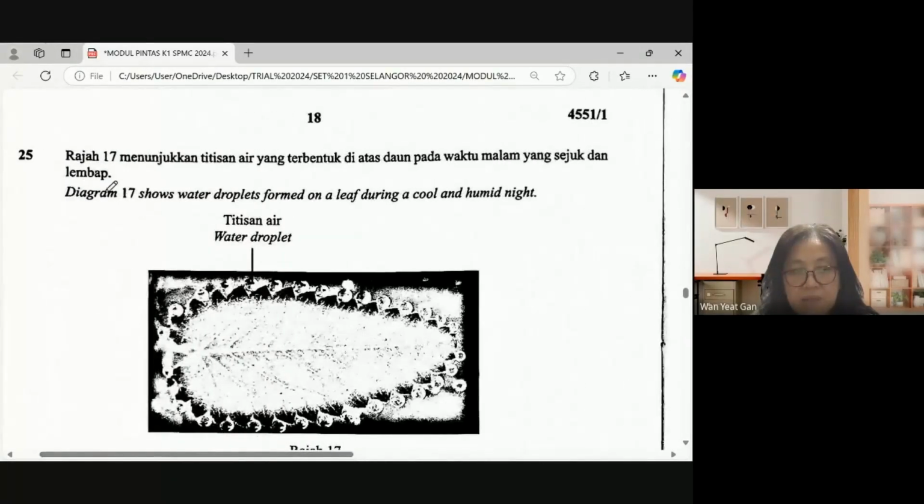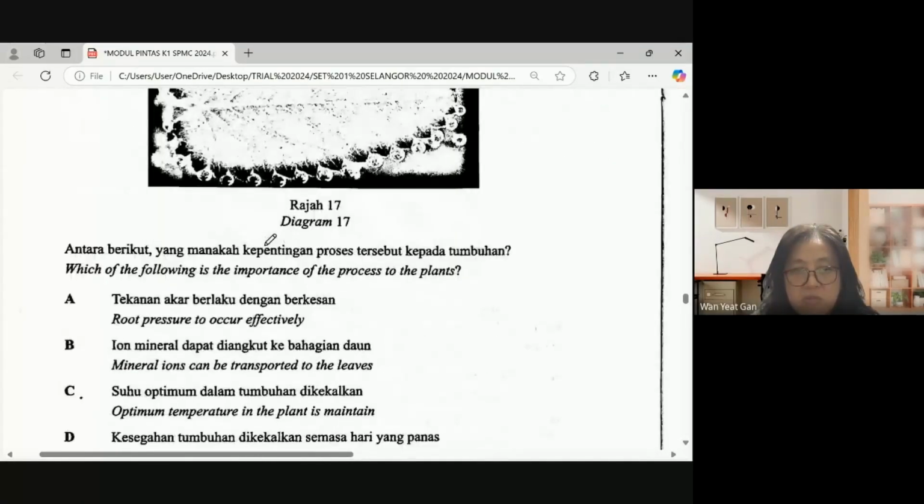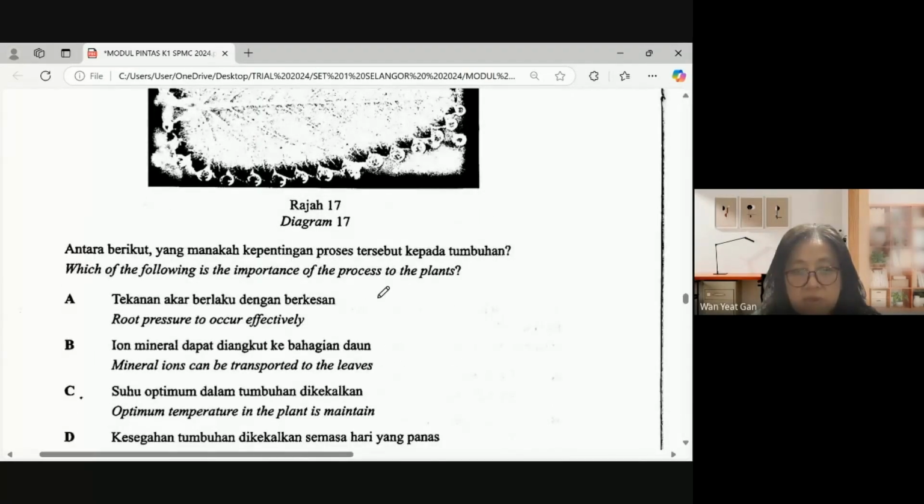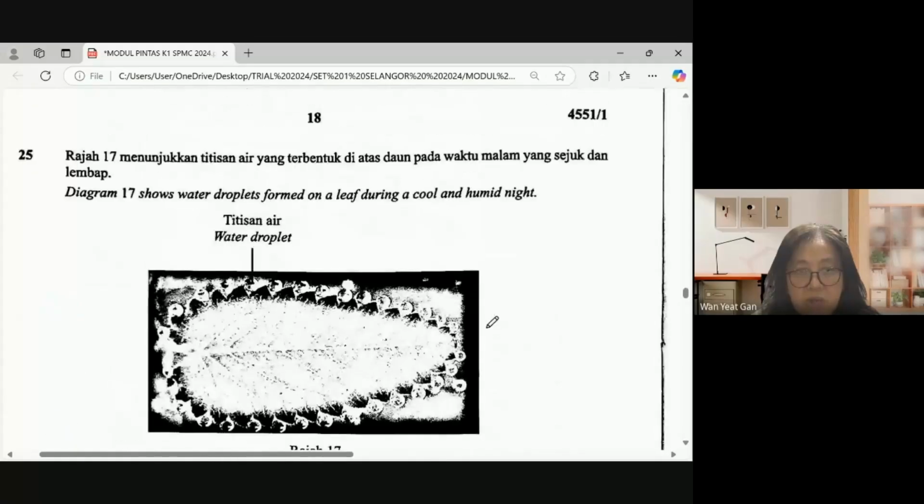Okay, diagram 17 shows water droplets forming on the leaf during a cool and humid night. So the water droplets are seen to exude out from the hydathodes that are found on the leaf. So the importance of this process is to maintain the root pressure so that it will occur effectively, because during the cool and humid night, transpiration does not occur.